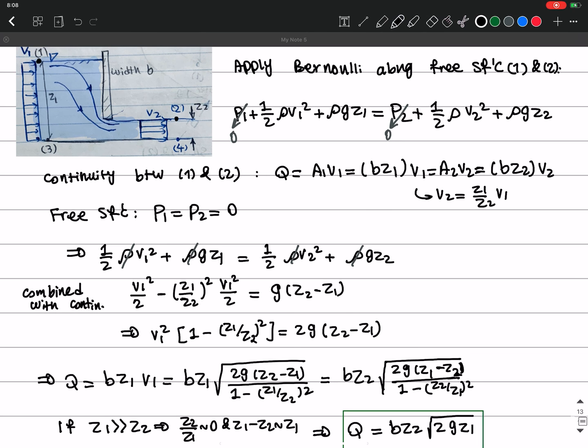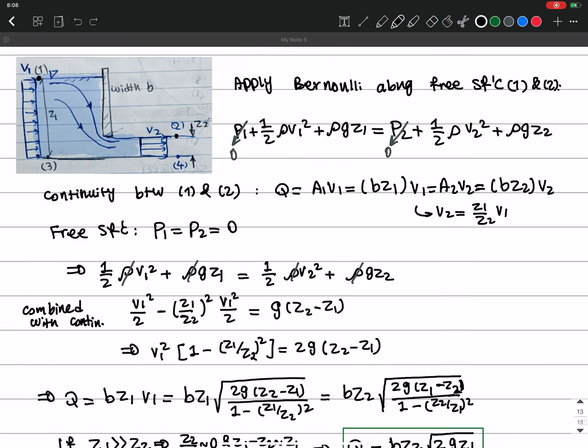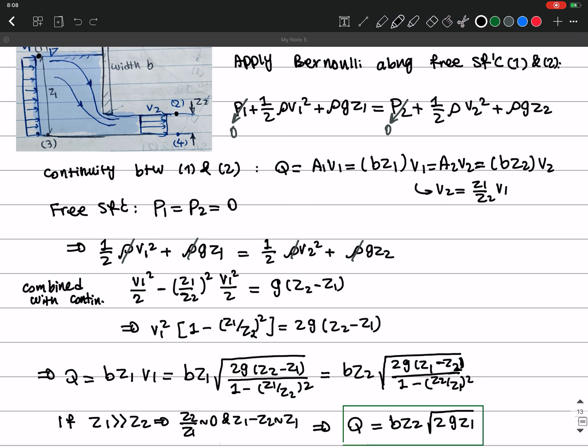So we found that the flow rate here is a function of width. If your width is larger, your flow rate is going to be larger, and also Z2 and Z1. It's linearly related to Z2, but it's not linearly related to Z1. It increases as the square root of Z1, right? So this is the flow rate that we found by using this approximation and applying Bernoulli equation and continuity.